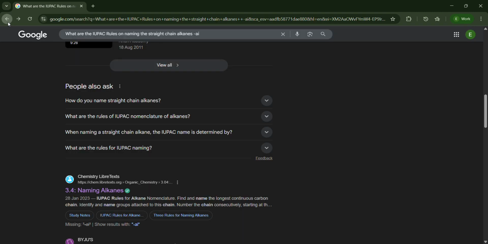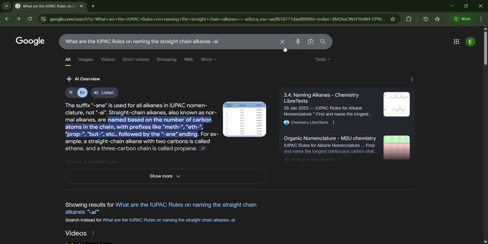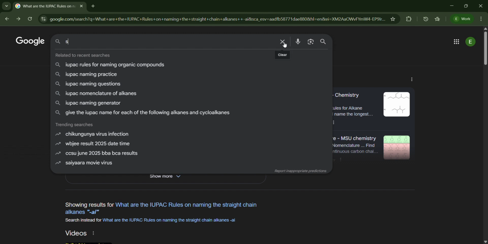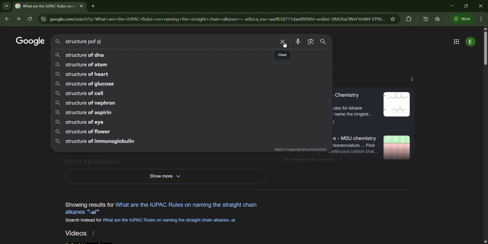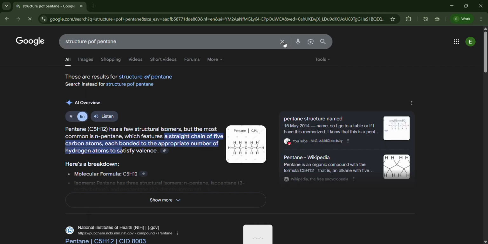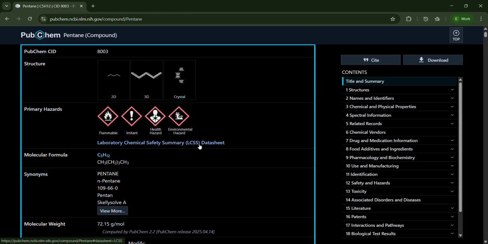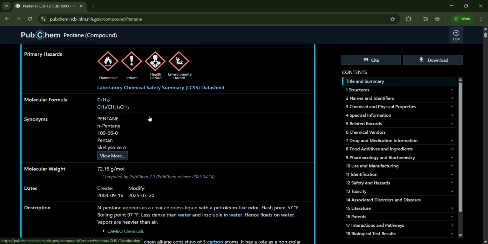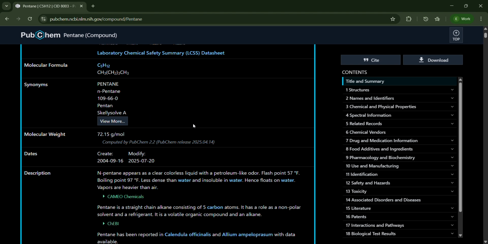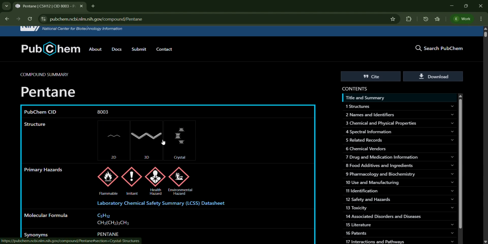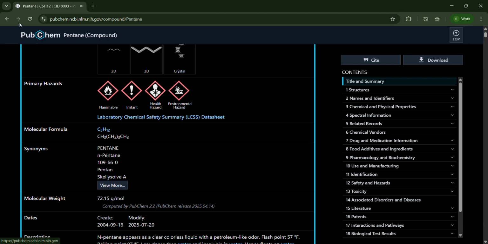Let's search the structure of pentane. So this is the structure of pentane. In pentane, one, two, three, four, five. Got it.